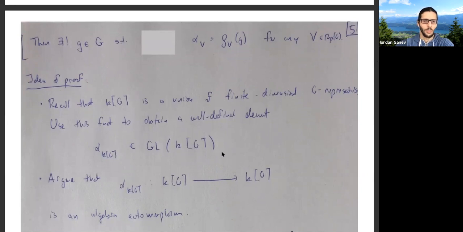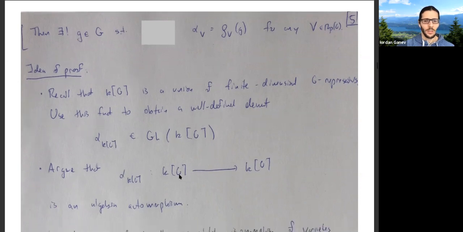And so because of that, there's a well-defined element in GL of the affine algebra. So this is an infinite dimensional space, but we can still think about automorphisms of it as a vector space, and we can define a well-defined element alpha sub k[G] inside here using those finite dimensional pieces.